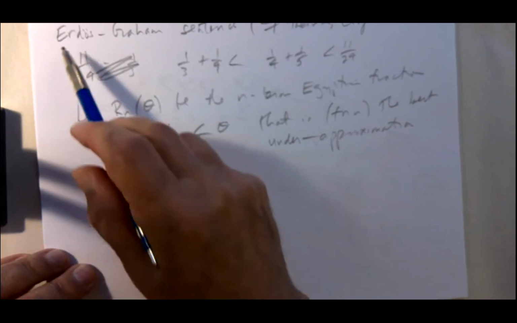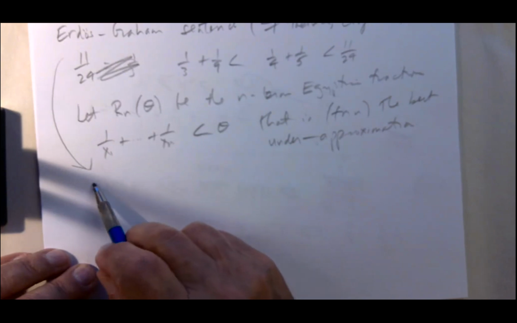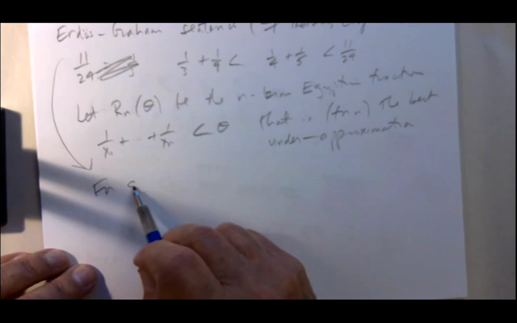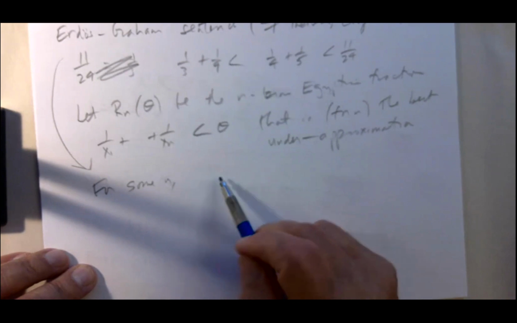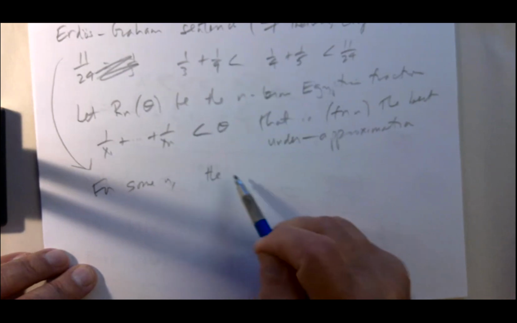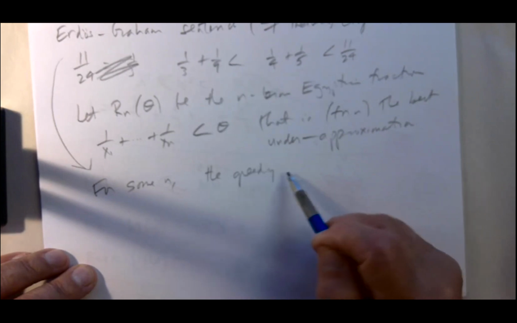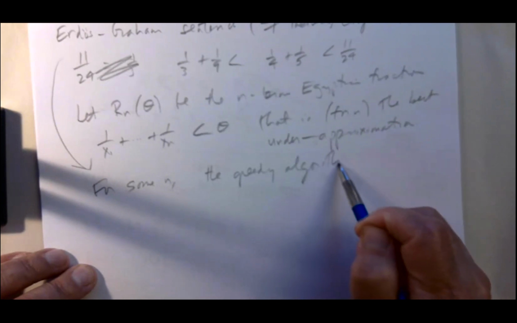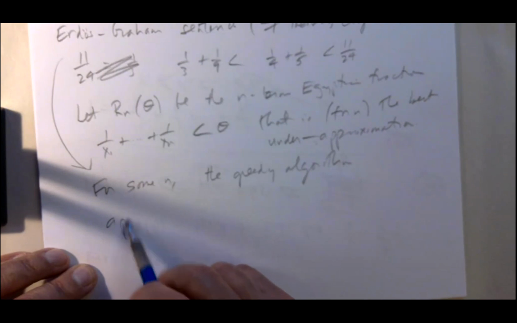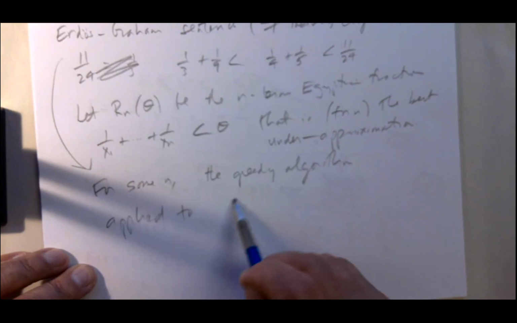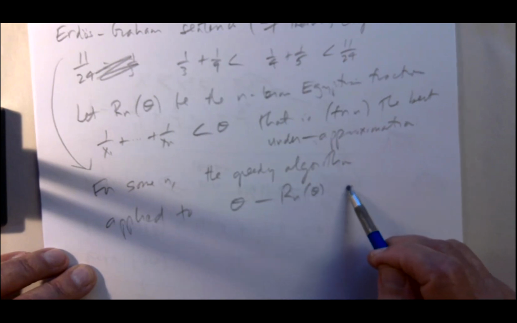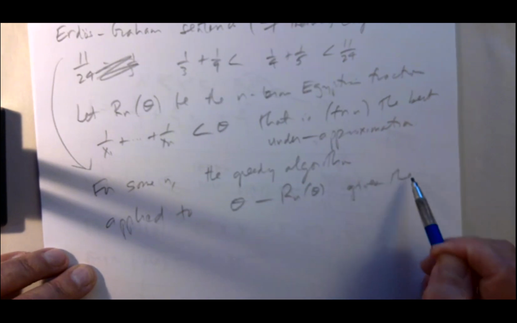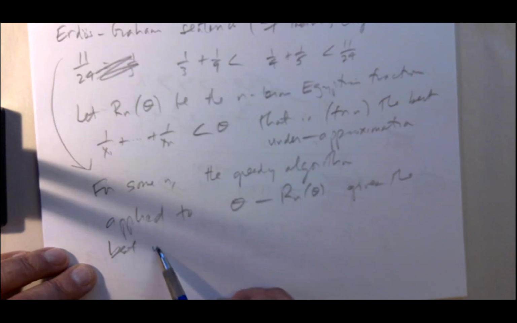So their statement is that for some n sufficiently large, the greedy algorithm applied to theta minus Rn of theta gives the best under approximation.